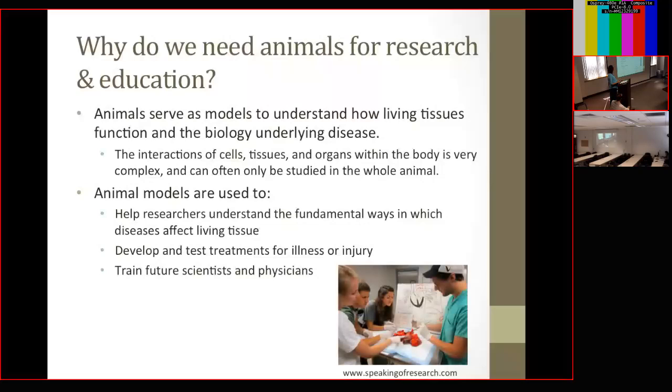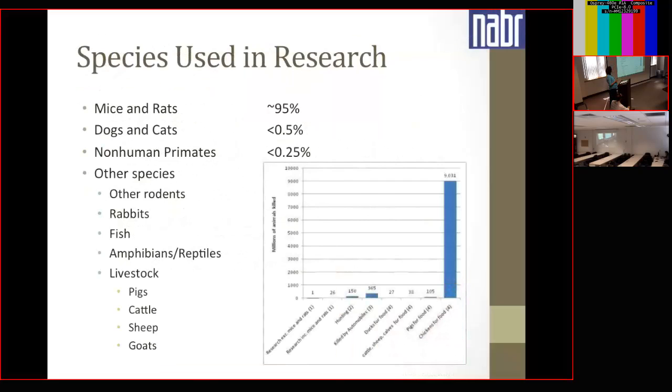When you look at the actual numbers, you can see that the vast majority of the animals used in research are mice and rats. Only less than 1% are dogs, cats, and non-human primates. This is because rodents are convenient, they're small, they reproduce quickly, they're easy to handle, and they have short lifespans.